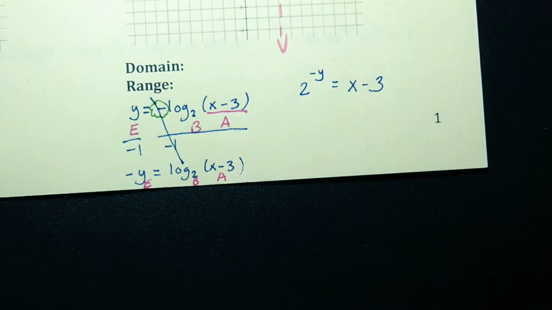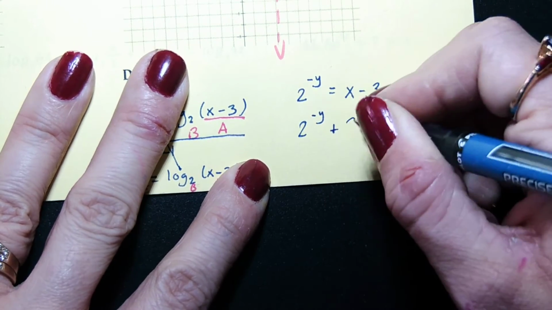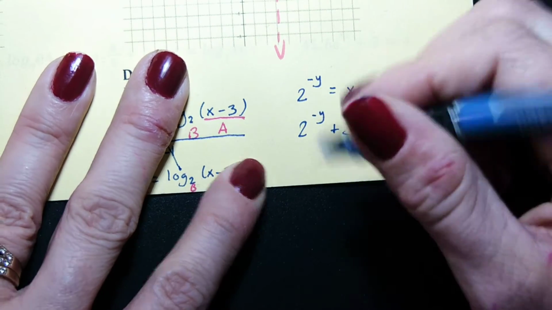Does anyone remember what the last step is before we use this to make our table? We're going to add the 3 over to the other side to make it look as an x equals equation so that it's easier to get those inputs. So 2 to the negative y plus 3 equals x.